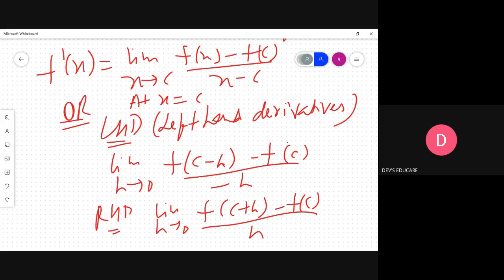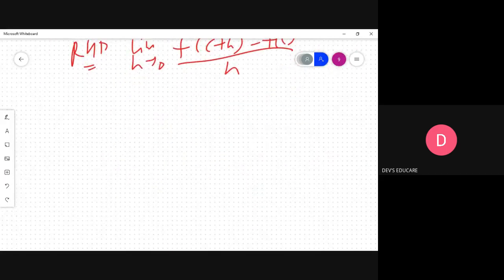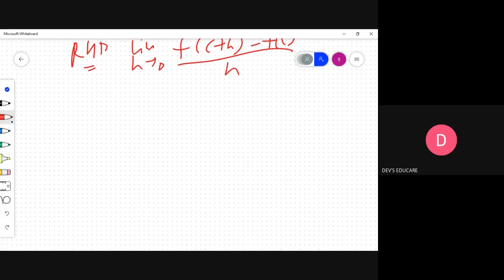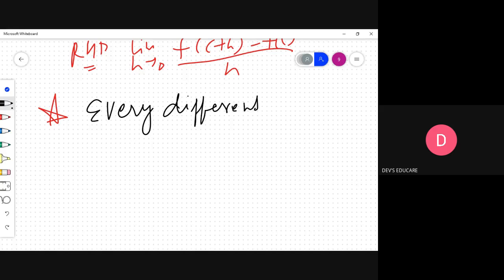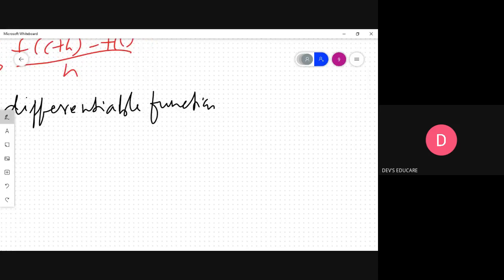So in exercise 5.2, there are two questions, question number 9 and 10. We shall do question number 9. And one more thing that is most important: every differentiable function is continuous.